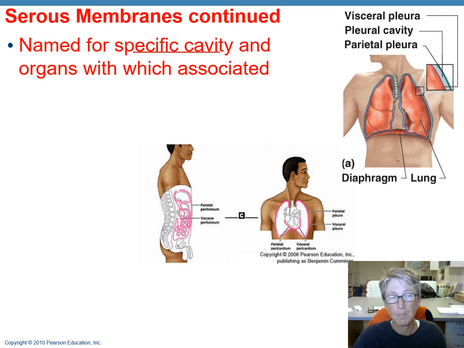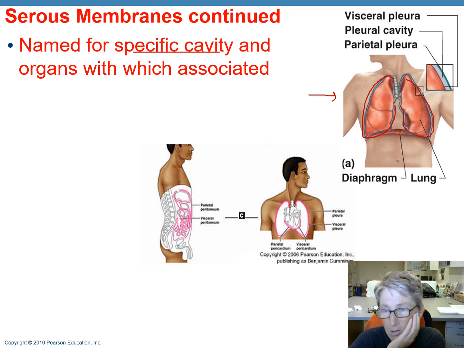So, for example, in this top cartoon, you have the lungs. So here's the lungs, and this is the serous membrane that covers the lungs. It's a serous membrane, but it covers the lungs, so it has a specific name.